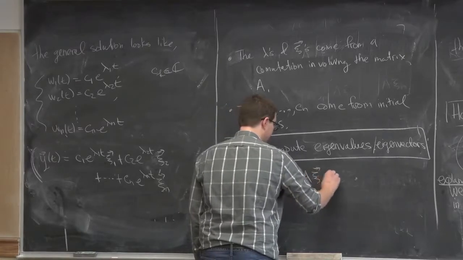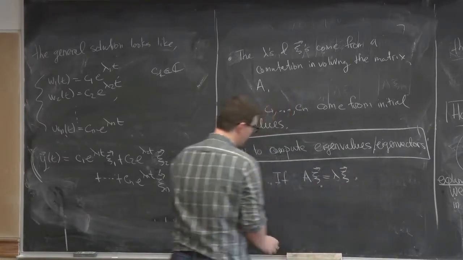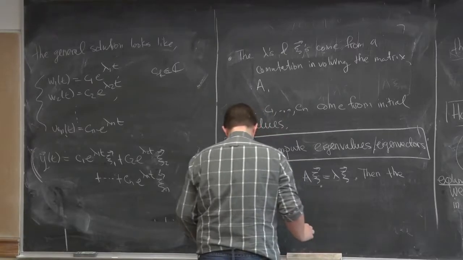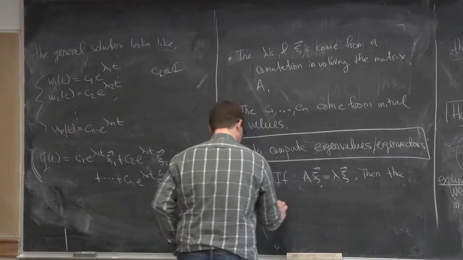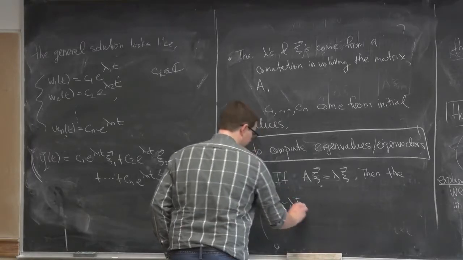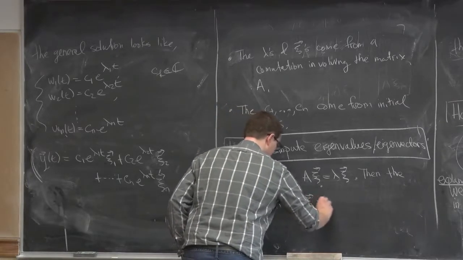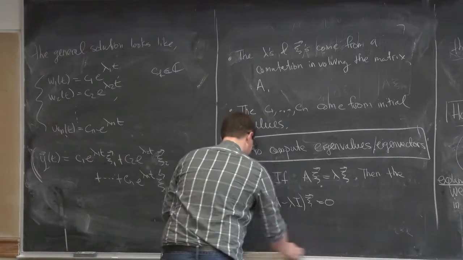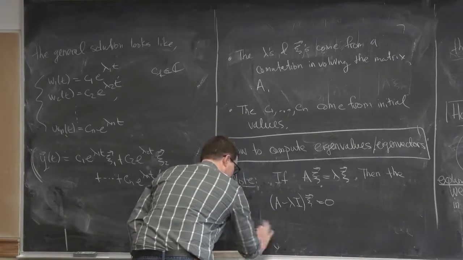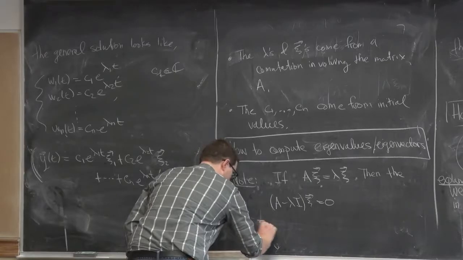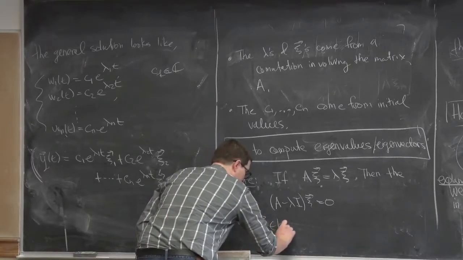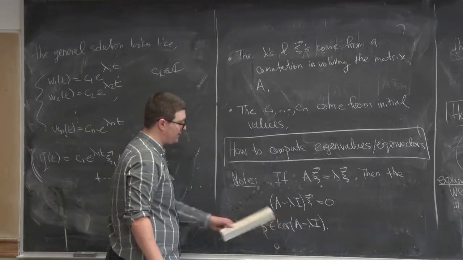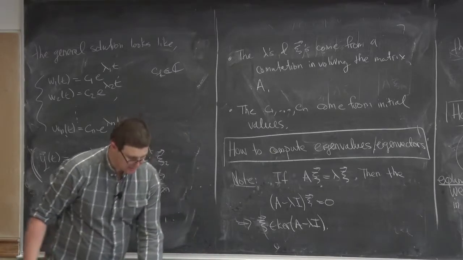But if we do have an eigenvector, then A minus lambda I, where I is the identity matrix, applied to it is 0. So in particular, this eigenvector is in the kernel of A minus lambda I. So we need to find the values of lambda so that it's a singular matrix.